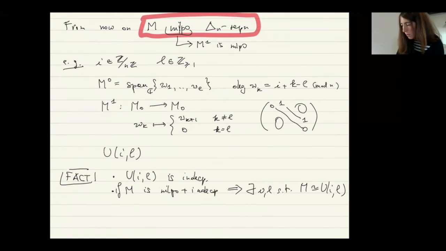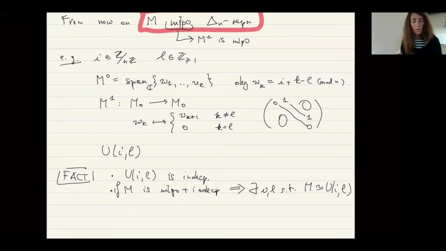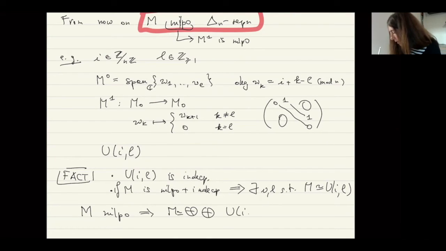All indecomposable nilpotent representations are of this form. On the other hand, the category of representations of a quiver is Krull-Schmidt. So whenever I take a nilpotent representation, I can write it as a direct sum of some U_{i,L}, for some multiplicity space.